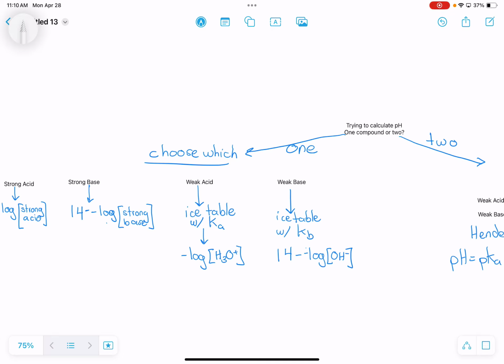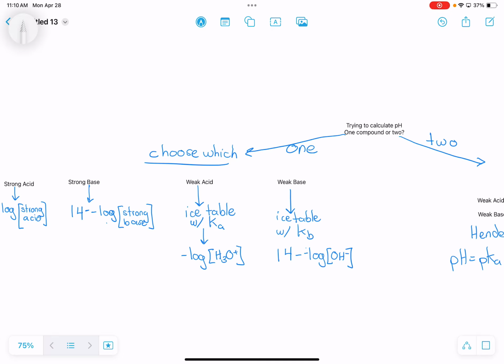For this one, you could do H3O plus times OH minus is 1 times 10 to the negative 14th, and then take the negative log, that's fine. But I'm just trying to get at the fact that these two are very straightforward, if you have one chemical and it's a strong acid or strong base. And maybe I'll put in that little circular calculation thing in that spot.